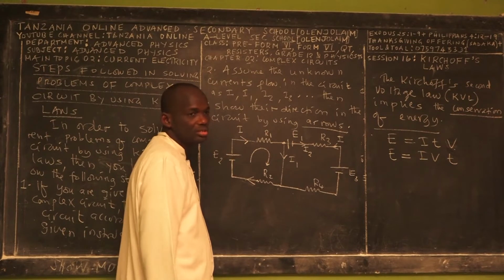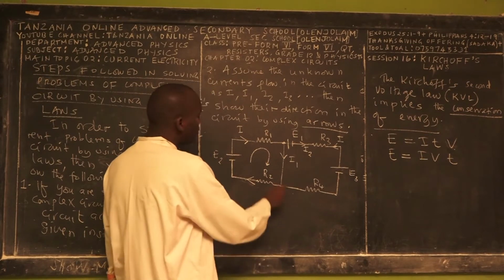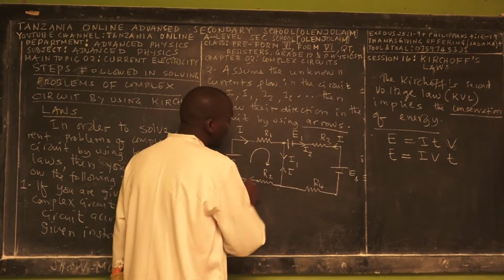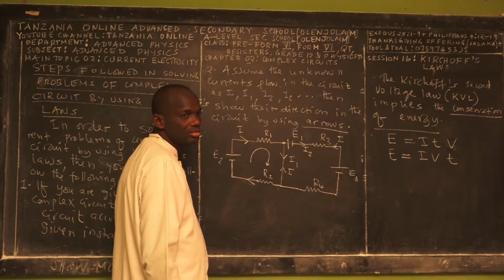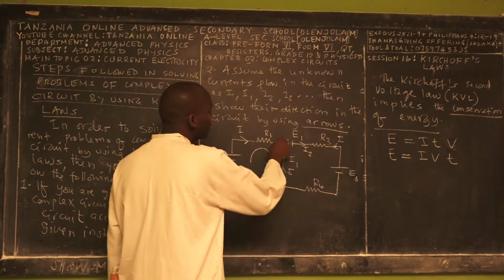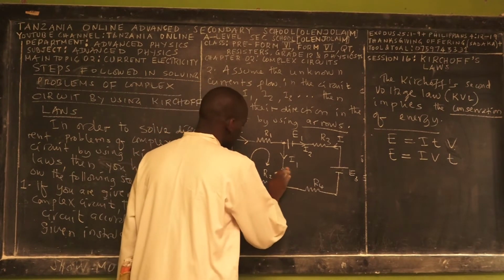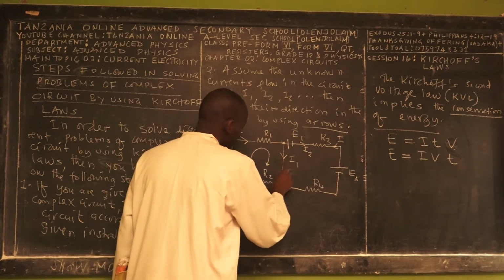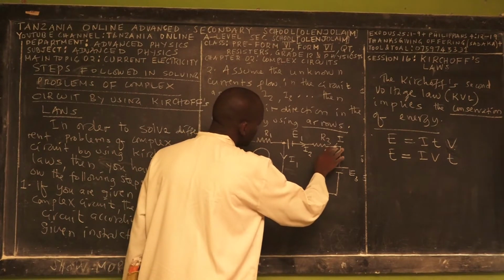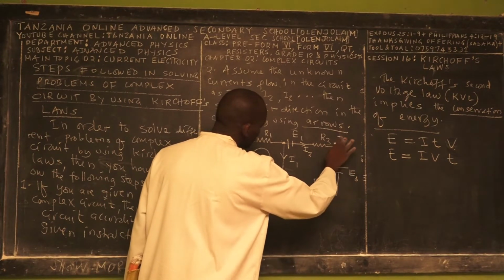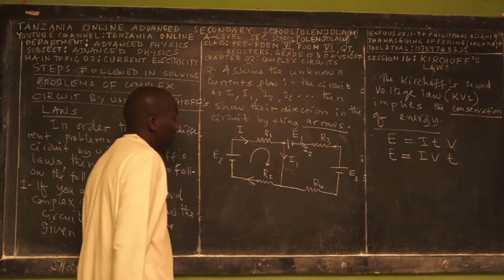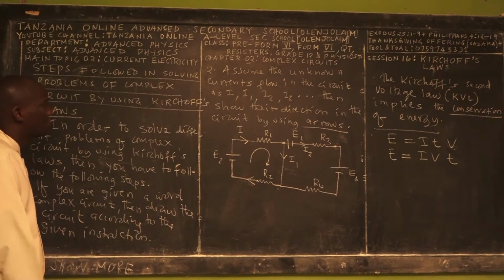It's possible. I may also assume that this is I flowing to the junction. Are we together? So that is the meaning of the second step.